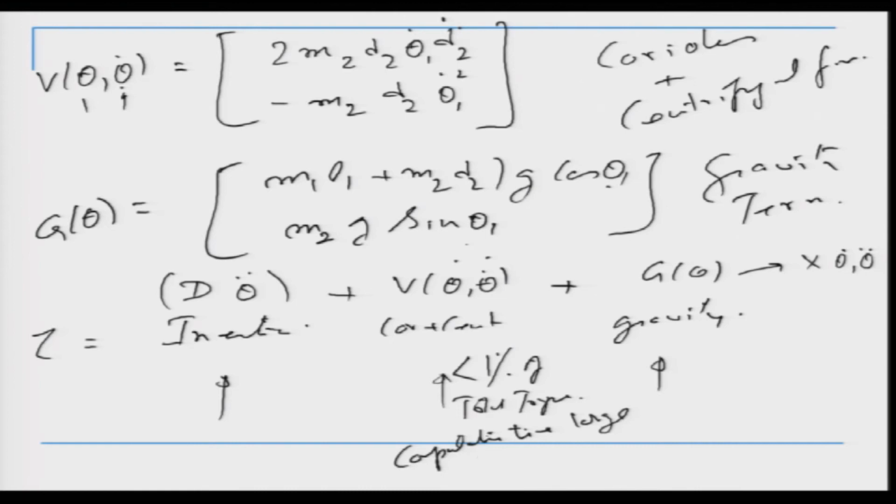So, one way of doing fast computation is to neglect the Coriolis and centrifugal component, because it is very small, and only concentrate on the gravity and the inertia loading. Now, if theta double dot is large, that means the system is moving very fast, acceleration will have a very large value, and you can see this is D into theta double dot. So, only then will this component be large, otherwise it will be very small.